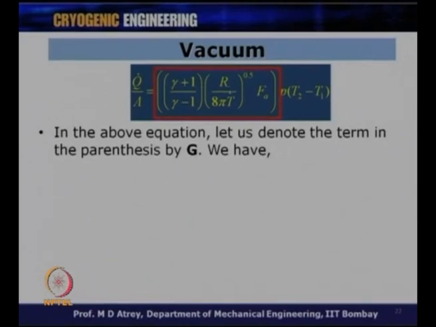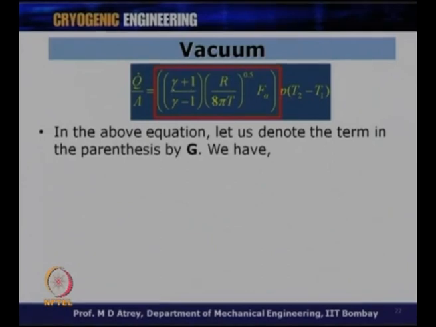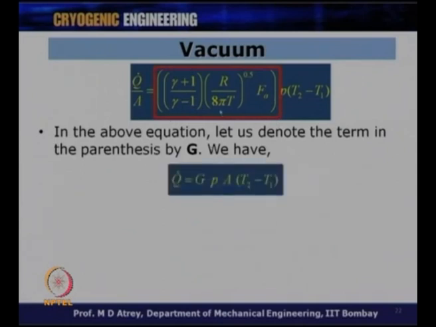Gamma is a constant, R is the specific gas constant, and gamma is specific to the gas. Again, temperature is constant because I am measuring pressure at that particular point, while Fa is also going to be constant if I know the temperatures of the surfaces and if I know the gas. By knowing accommodation coefficients A1 and A2, I can calculate Fa. So, this bracket is more or less constant. I can call this bracket G.